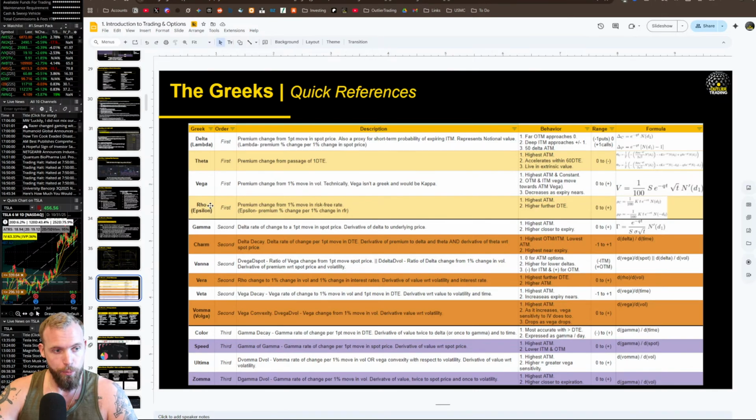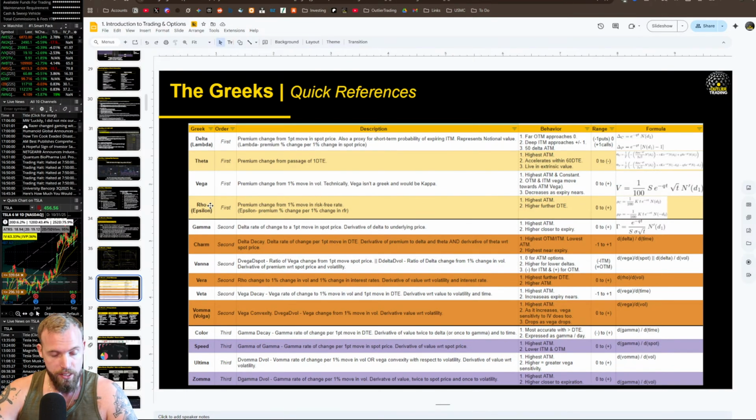Notice how this says premium change from a 1% change in the risk-free rate. Rates dropped 25 bips, so that amounts to very little overall change. It's something, and if you have a big enough position, it's certainly meaningful. But because rates don't change that frequently, and because the change is not that significant, most of us that trade options don't focus a lot on rho. It's good to know it exists, what it does, but it's not that dominant of a force.